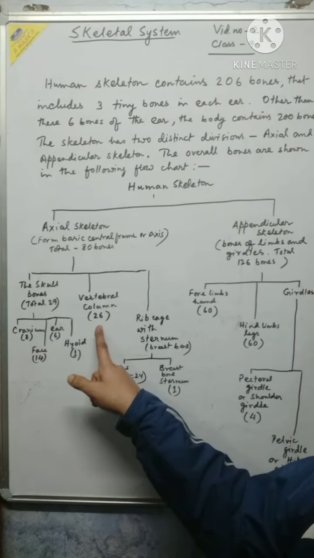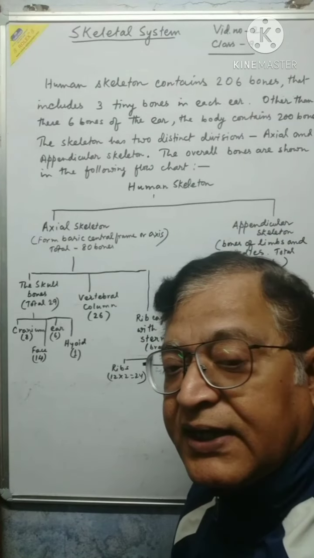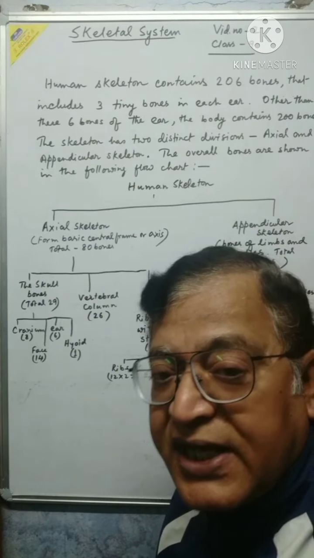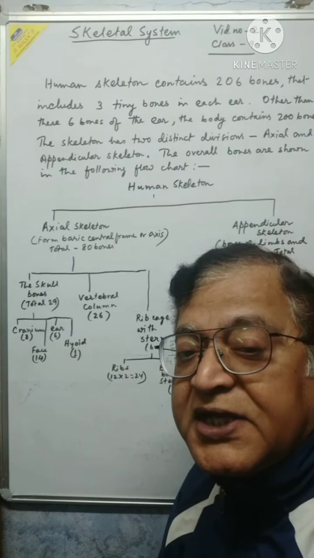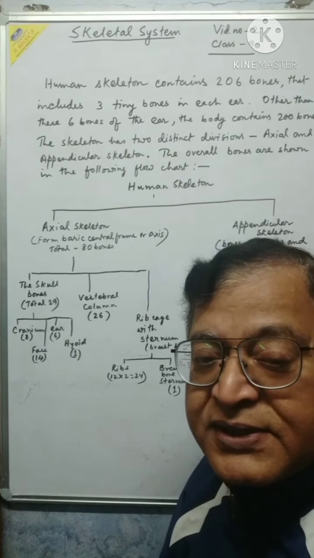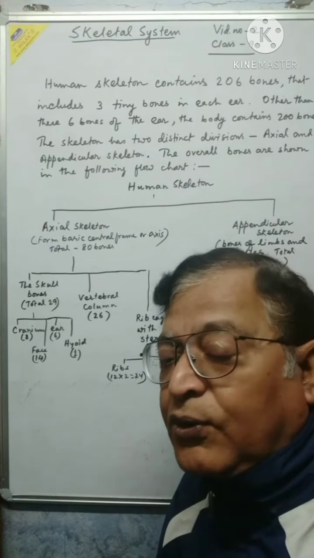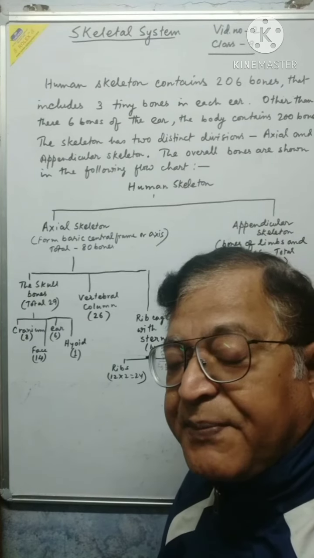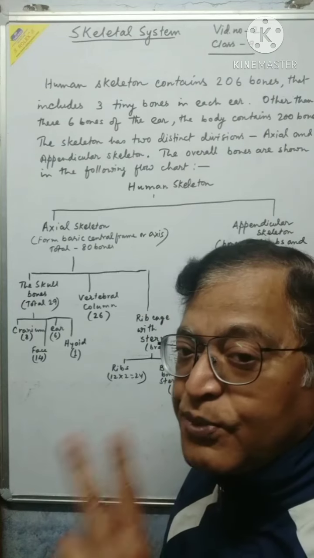Vertebral column, total number of bones 26. But right from the beginning, in lower sections, you have been studying the skeleton and being told that our backbone contains 33 bones. Actually, there are 33 bones. But interestingly, the last 9 bones are separated into 2 groups and fused to form 2 bones.